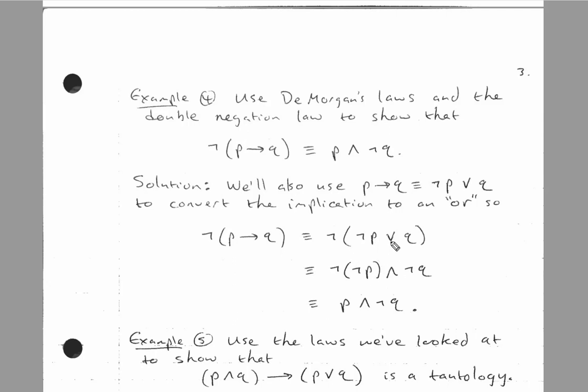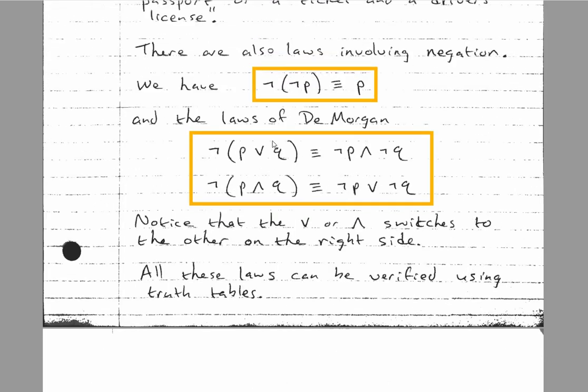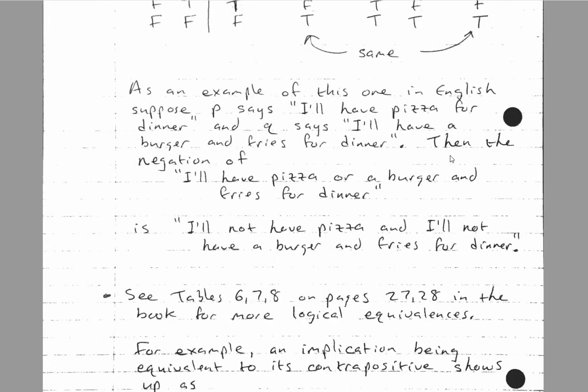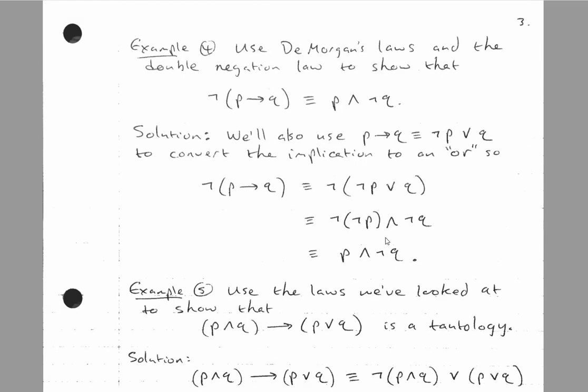So that step here, if you're negating an or like this, it turns into an and of the two nots. Alright, so we got to the right hand side, so that proves the identity. This is equivalent to this, is equivalent to this, is equivalent to this, the target we were looking for.